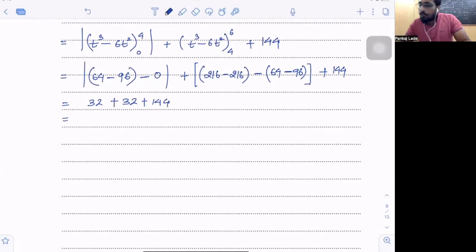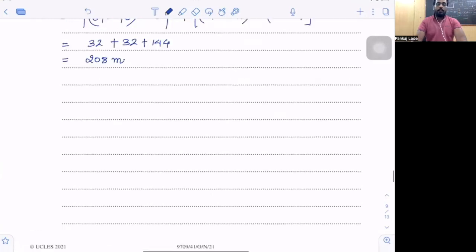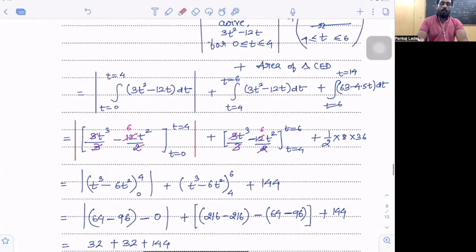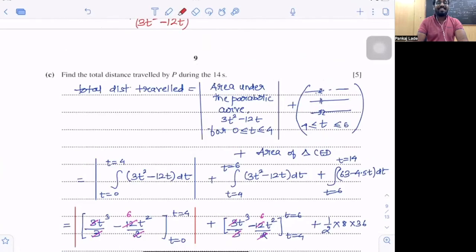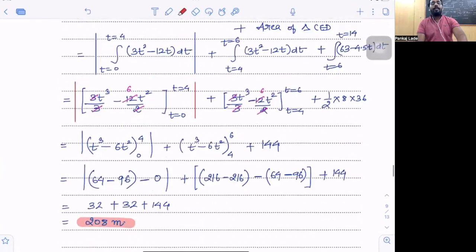So the answer comes 32 plus 32 and plus 144. The answer has come 208. It is 208 meters. That's what your answer is. The displacement, the total distance traveled, I should better say. The distance traveled is 208 meters.